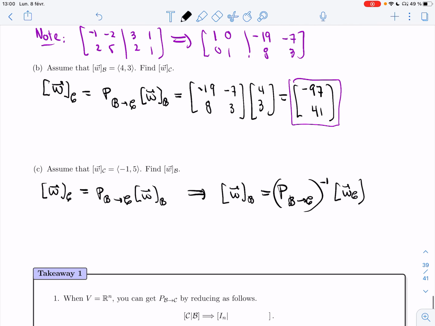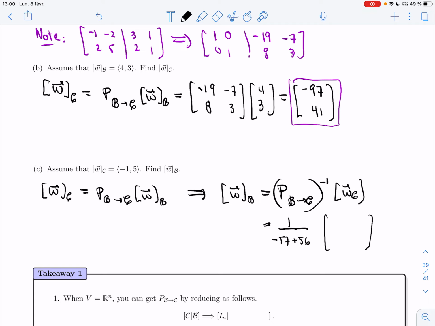And so here, the inverse of this matrix is 1 over the determinant. The determinant is minus 3 times 19, that's 57, plus 56, so it's just minus 1.